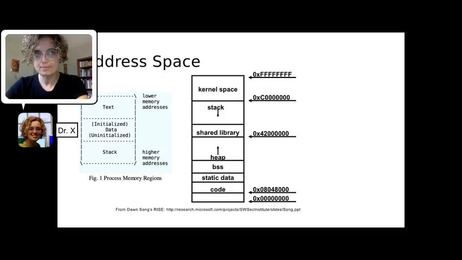Let's now do a deep dive into the address space. As you can see here, I have drawn in this slide a square that emulates the address space in your computer. The lowest memory is this 0 memory in hexadecimal that is at the bottom.